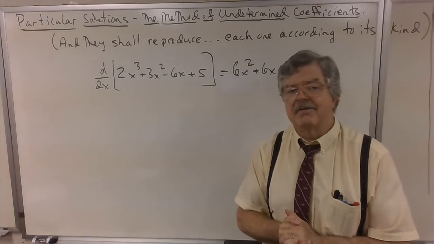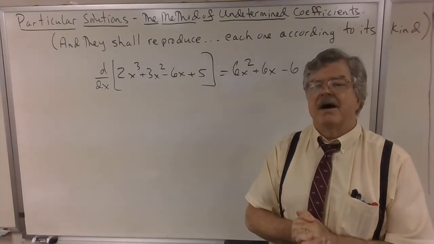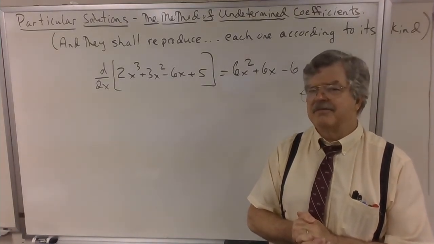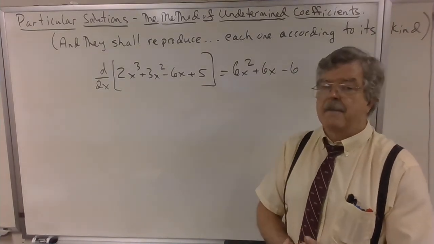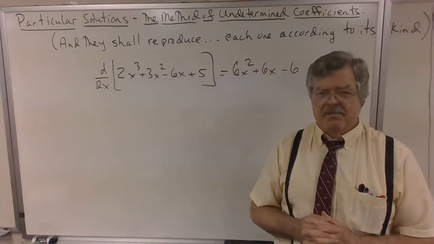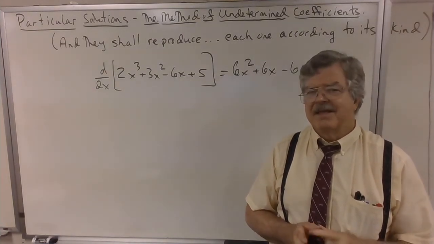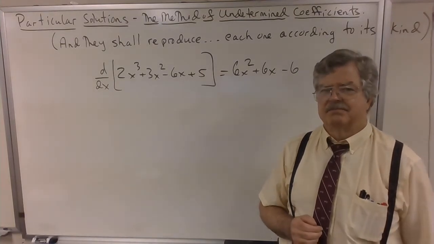Now let's look at it from the opposite perspective. Are there any functions other than polynomials that we can compute the derivative of and get a polynomial? No. If you want to get a polynomial by computing the derivative of some function, that function better be a polynomial.